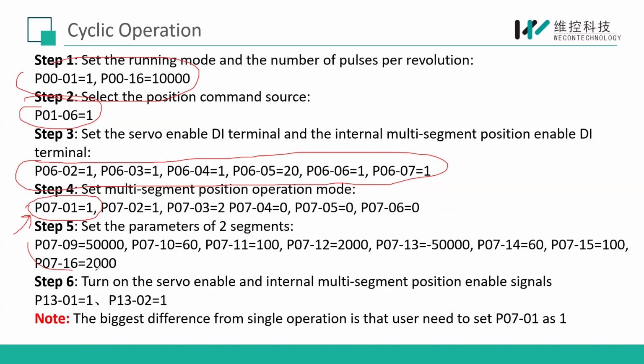And the other settings are also similar. This is 5 turns, and this is the acceleration and deceleration time. This is the waiting time. And this is the speed, and this is the waiting time. 60 means 60 RPM, and 100 means 100 ms waiting time.